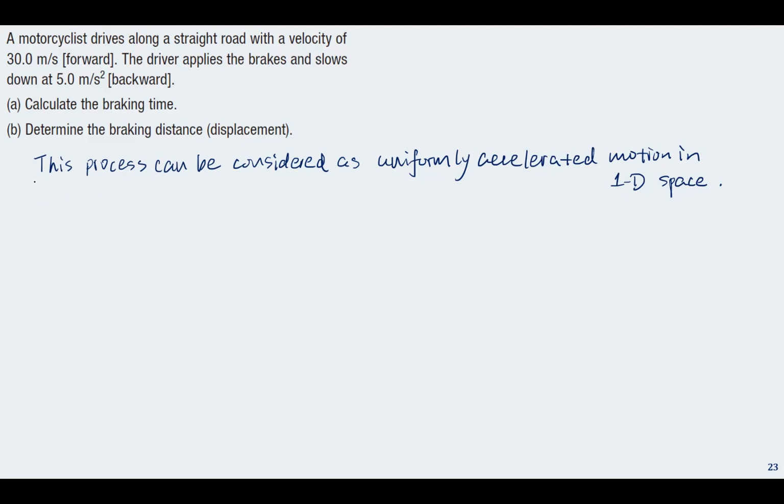Remember, first of all, we should specify the positive direction, right? Because in one-dimensional space, there are two directions.